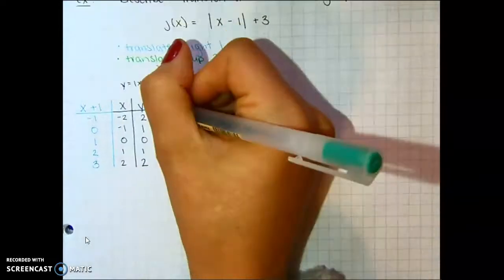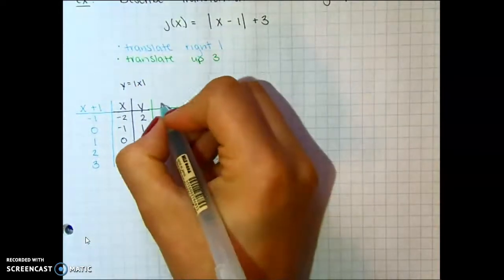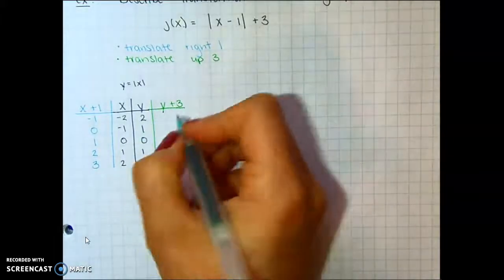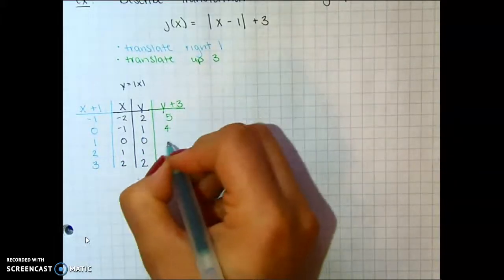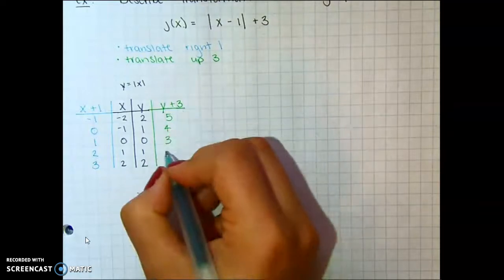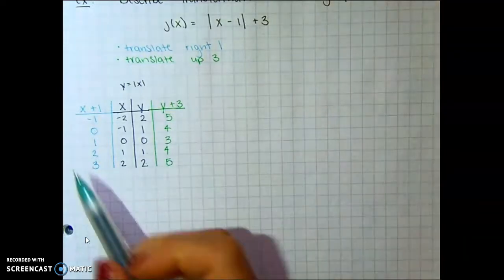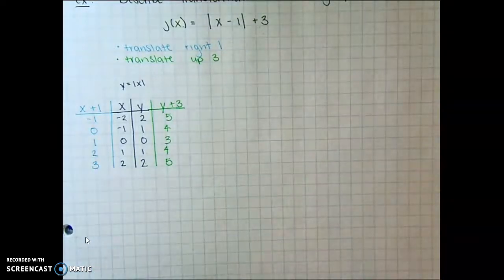Then for our y values, we can extend our table. And these are going up 3. So I can rewrite this as y plus 3. So 2 plus 3, 1 plus 3, 0 plus 3, 1 plus 3, and 2 plus 3. And then these points are going to be the points that I graph.